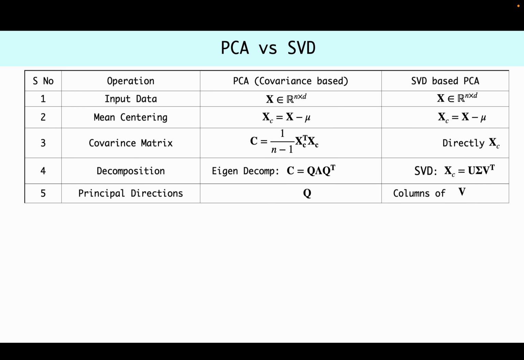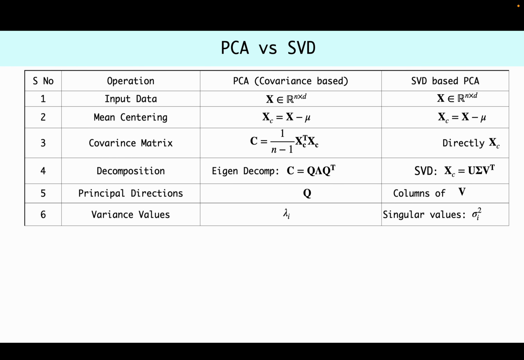So we get the principal directions in the matrices Q and V, and the variance values, or how much variance is in the data, are quantified using eigenvalues in the case of the covariance based method, whereas in singular value based PCA, our singular values quantify the amount of variance.